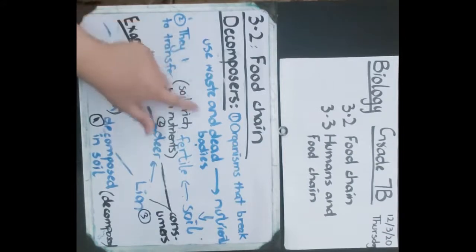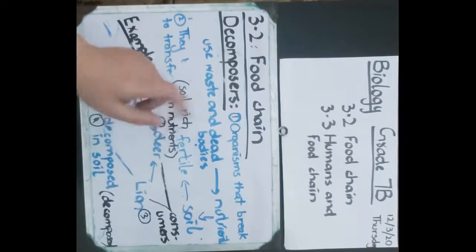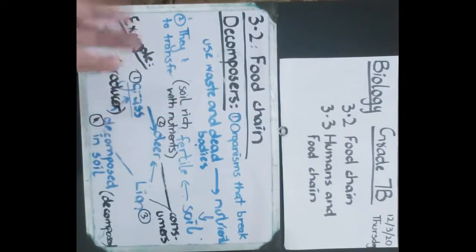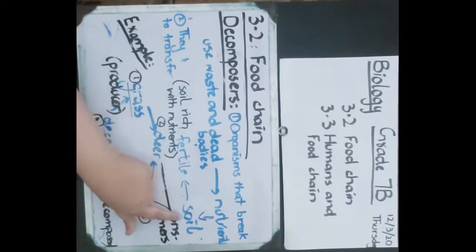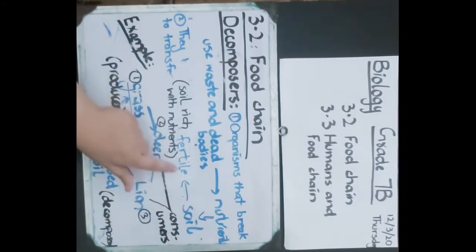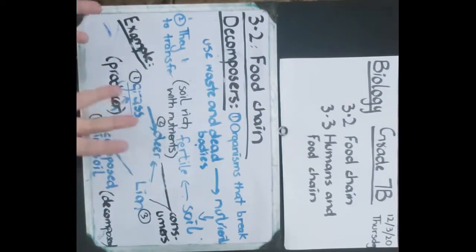They use the waste and dead bodies of plants and animals, and they release the nutrients of our body, nutrients like carbohydrates, fats, proteins, vitamins. So they release the nutrients from our dead body to the soil, and in return the soil becomes fertile. Fertile means soil becomes rich with nutrients. Rich means a lot of nutrients. The soil has a lot of nutrients.